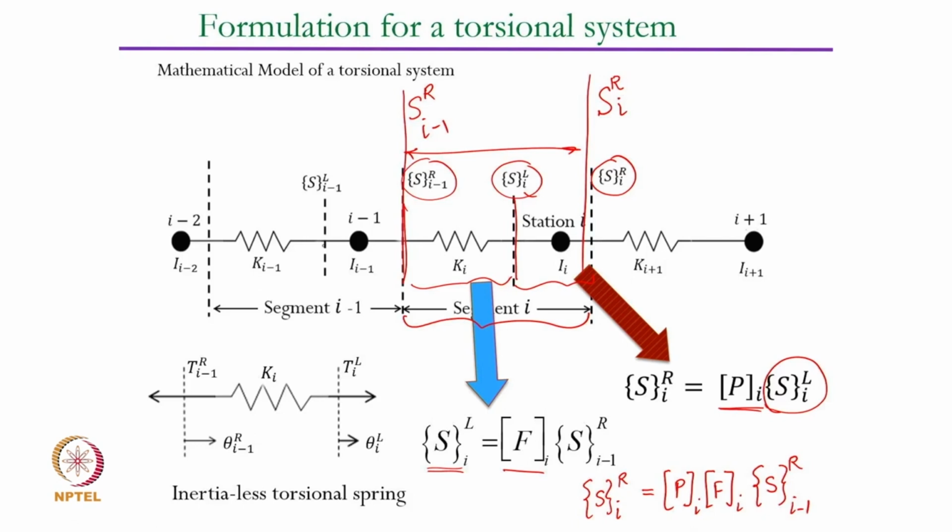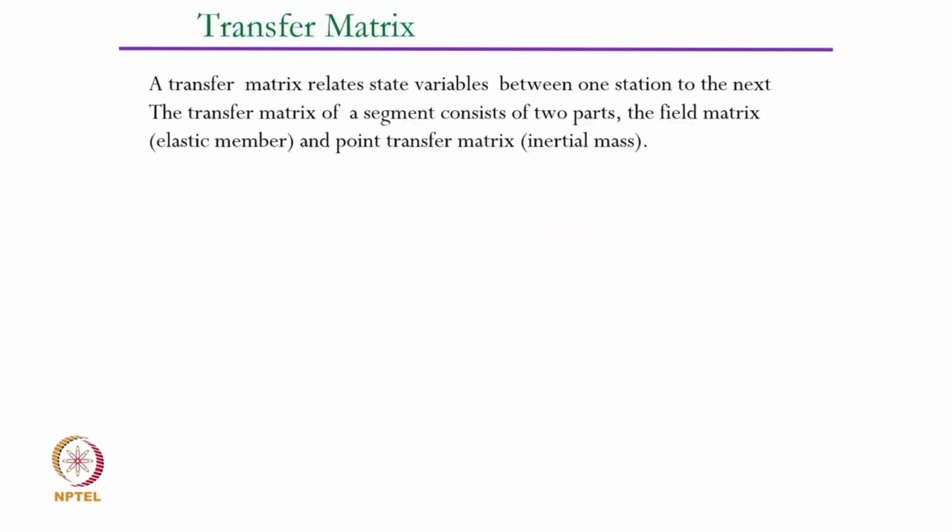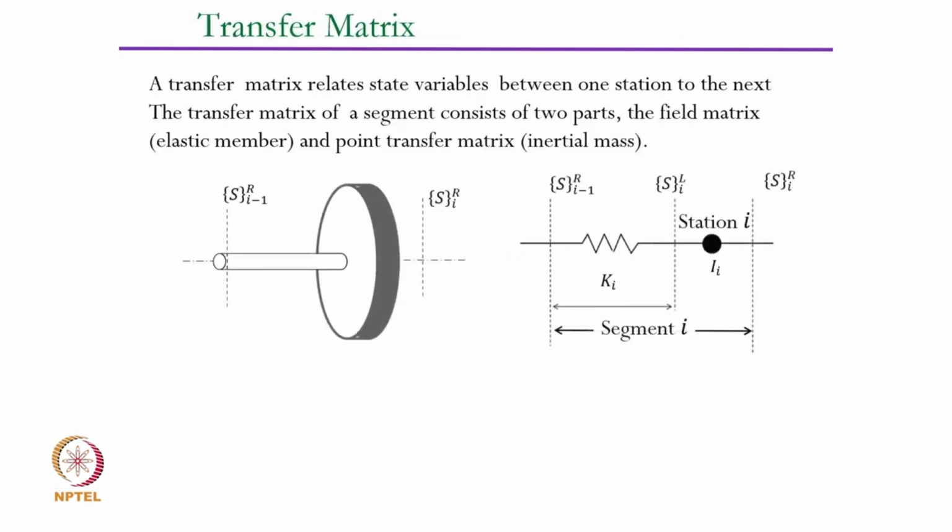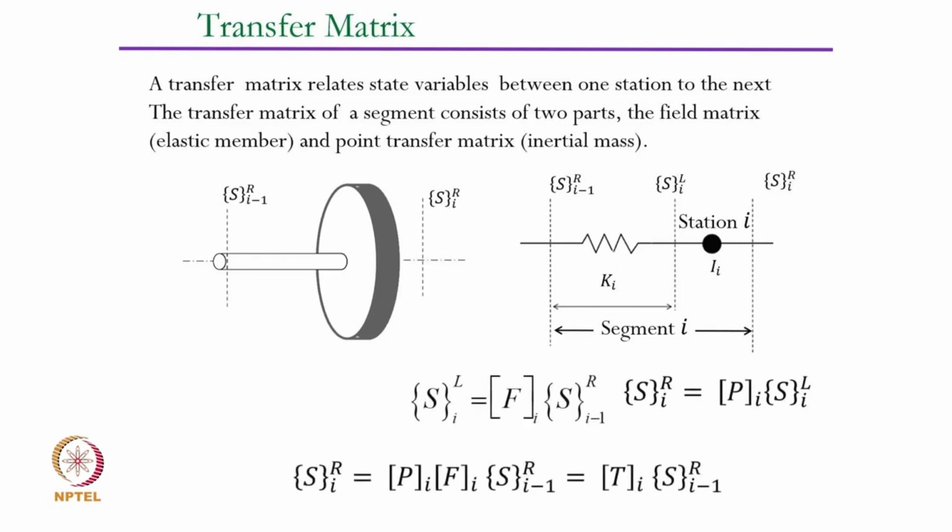Because the extreme element's state vector will be on the right of the previous one, which doesn't exist, so we call it 0. So it relates the state variables from one station to the next, and it has two parts, a point matrix and a field matrix, as we showed together.